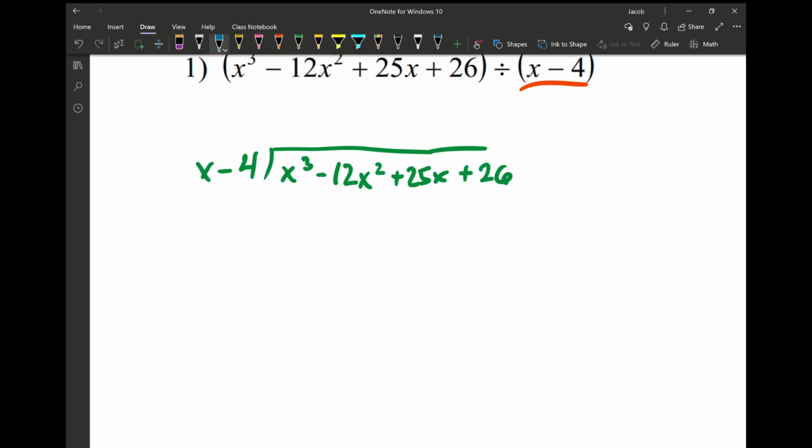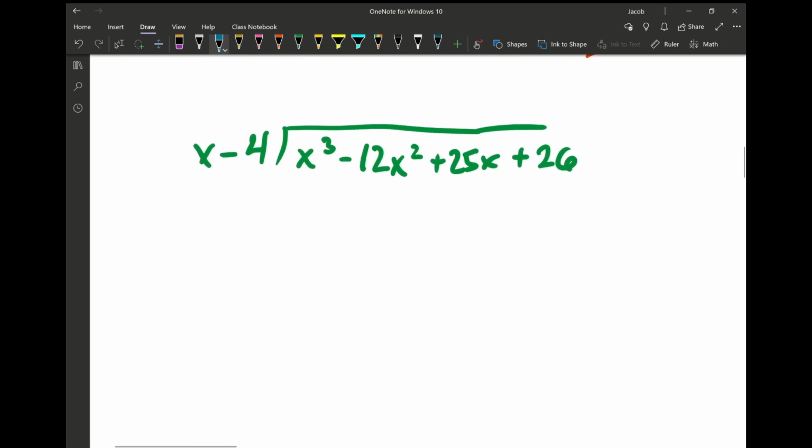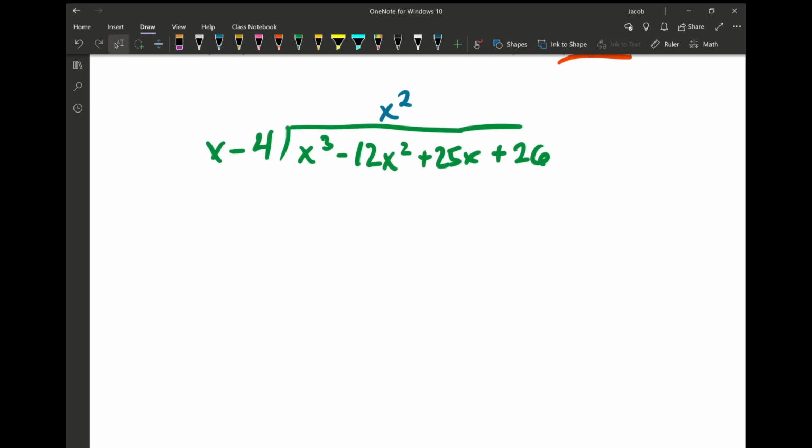But if we carry this out, I want to ask the question, what do I multiply x by to get x cubed? And I'd have to multiply x by x squared. So that's what I would put in as the start of my answer.